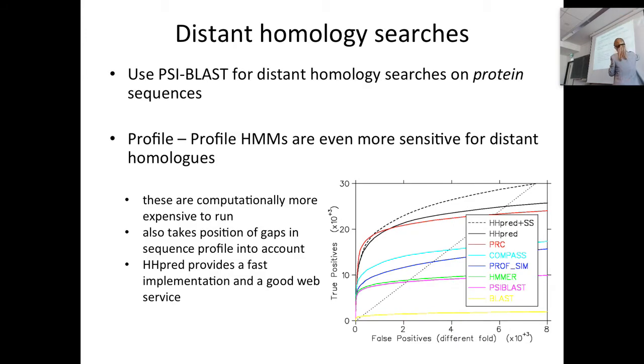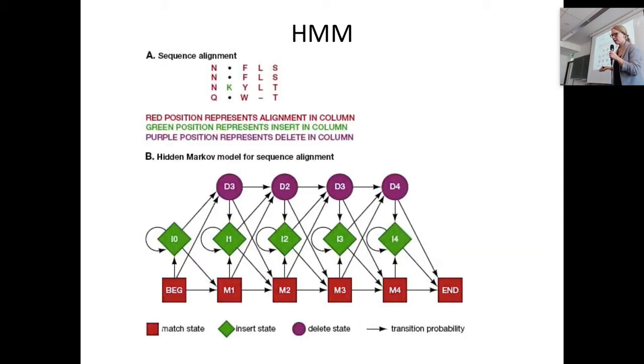And you see again that HMMs go even more distance. Quick picture then here of HMMs. You don't have to know this, but what you see is that we model the entire sequence in an HMM, and you have specific insertion and deletion states, so you can effectively assign different gap penalties, so it's insertion and deletion probabilities at specific positions, and that's what makes the HMM so much better again than PSI-BLAST.